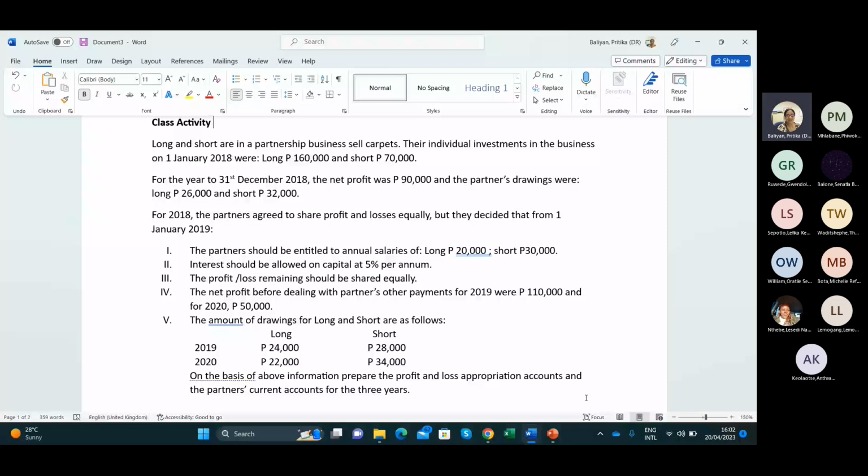Interest should be allowed on capital at the rate of 5% per annum. The remaining profit and loss should be shared equally by the partners.